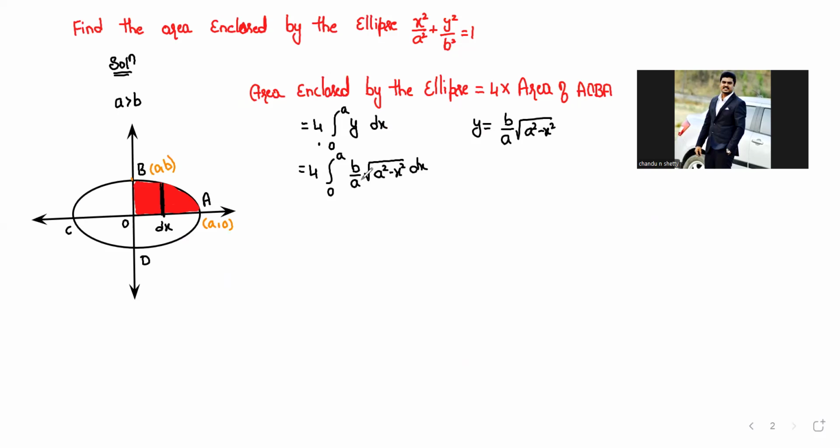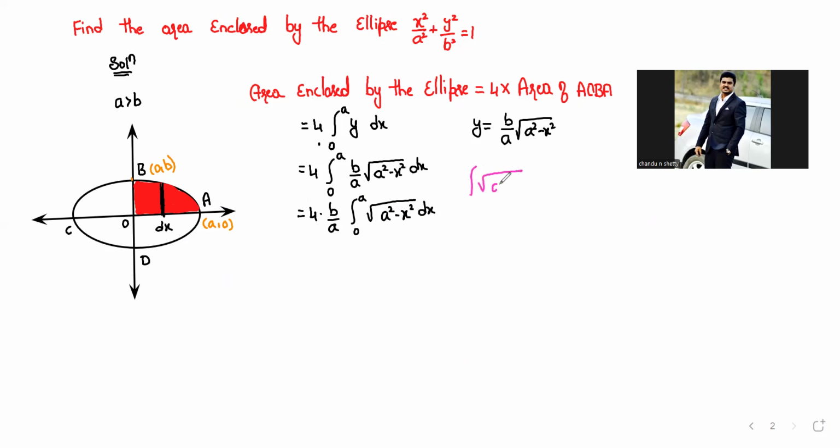Here b by a is a constant, so I take it outside the integral. So 4 into b by a, integral from 0 to a of square root of a square minus x square dx.